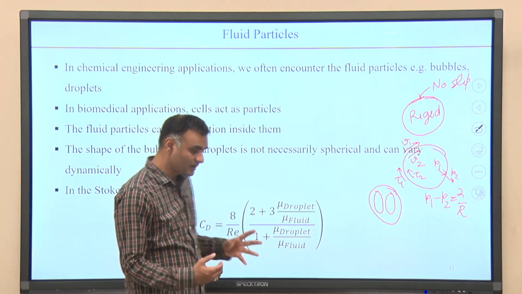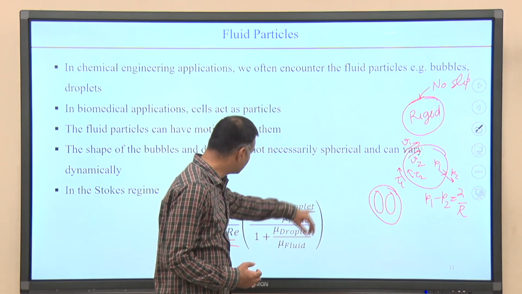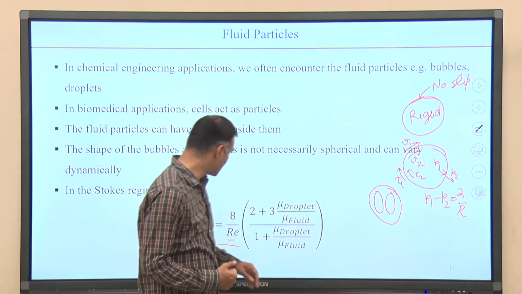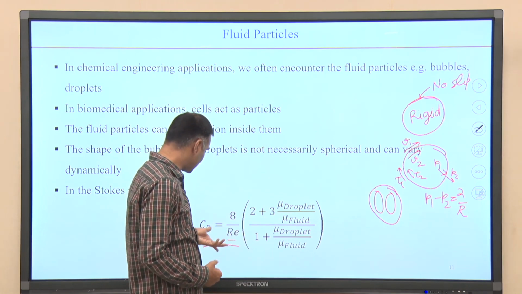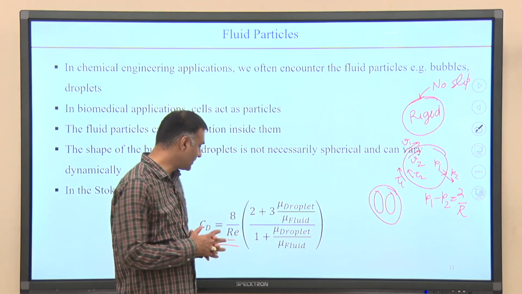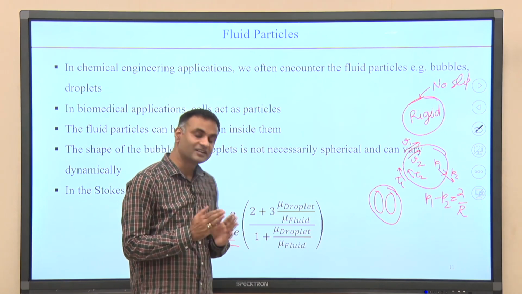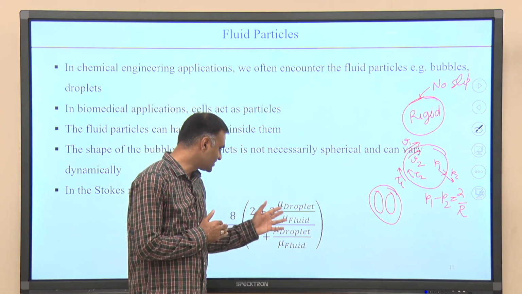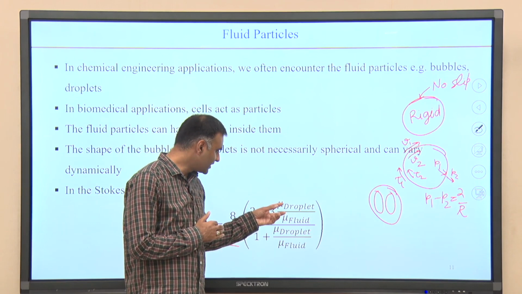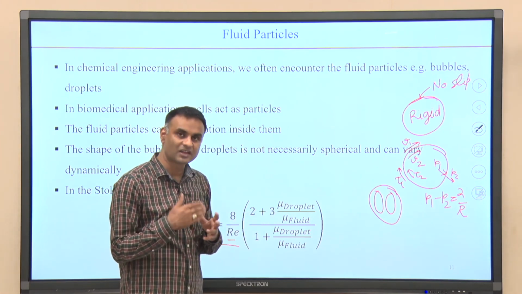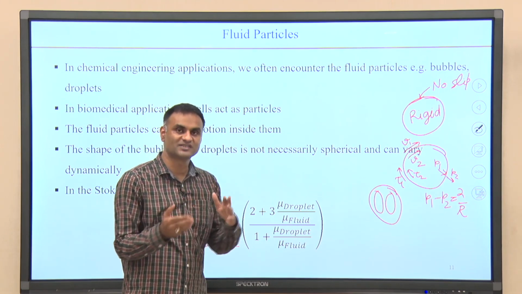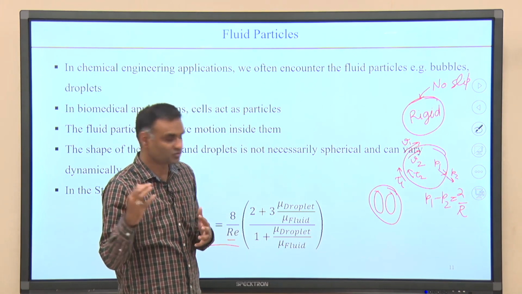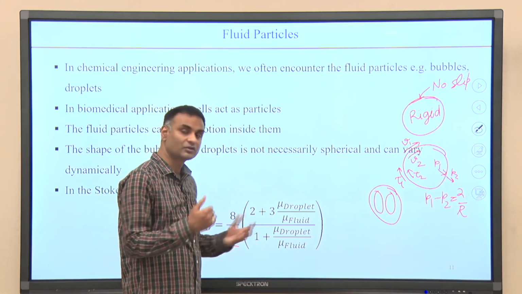Now, if it is a bubble, then you can say that this value is almost 0. So, you can have the relationship for C d for a bubble. If you say that this is a solid, then you can say that mu droplet is very high with respect to mu fluid, or mu fluid by mu droplet approaches 0, and when you use that, you will get 24 by R e.